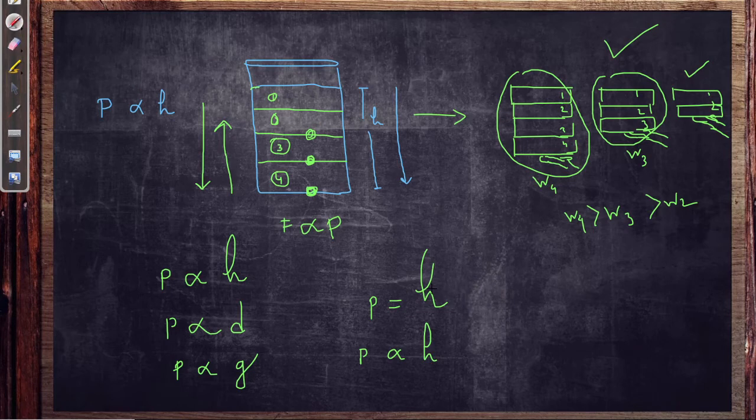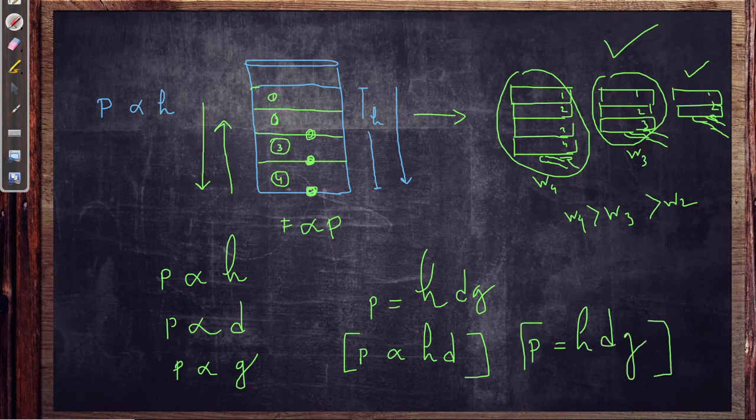Rho also means density. You can put rho instead of D if you want. As I put a D over here, I'm also writing D in this case. So P is proportional to HD, and if you make it equal, one constant term will come, that is G. So this is how you can also remember that P equals H D G, or instead of D you can use H rho G. That is all about the pressure exerted by the fluid.